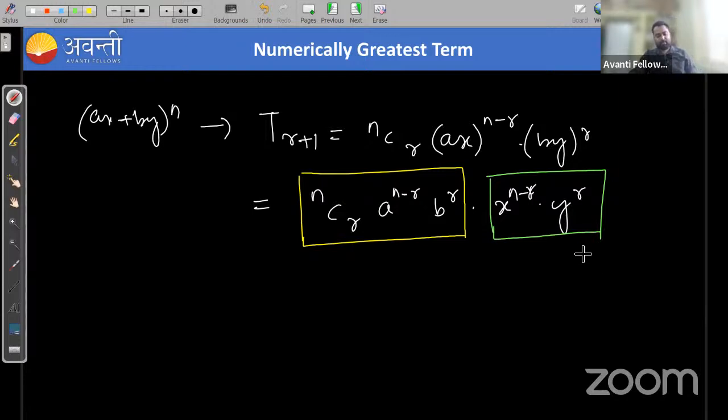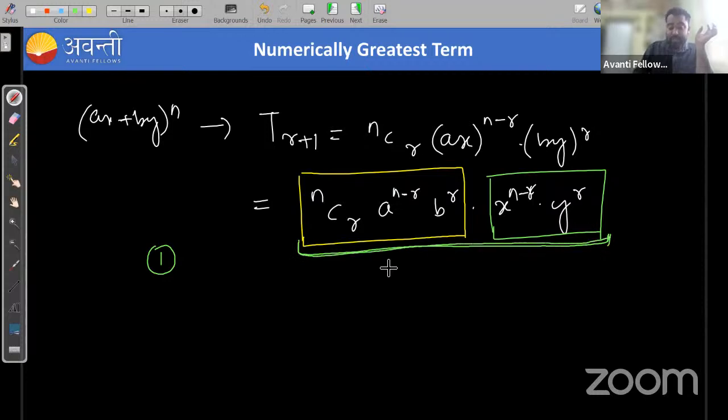Is it or not? Yes. So in total there are three cases arising. Sorry, this is the r plus 1th term.